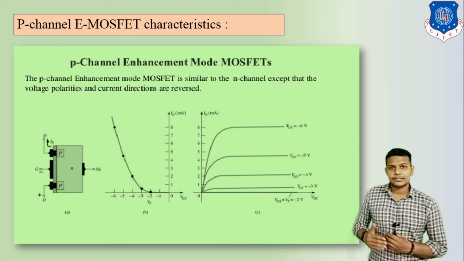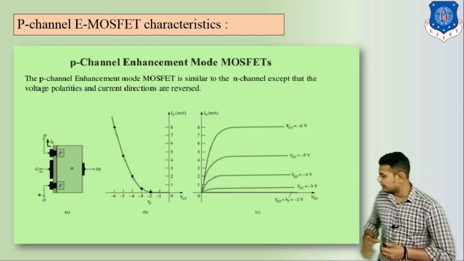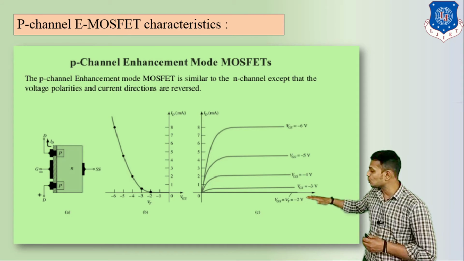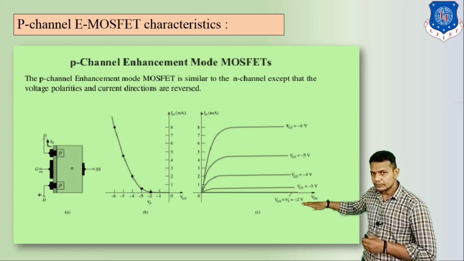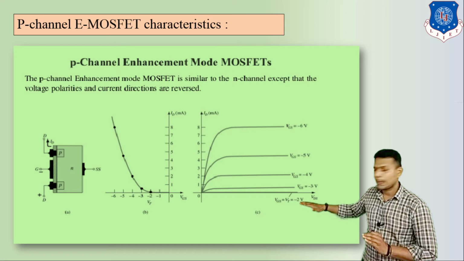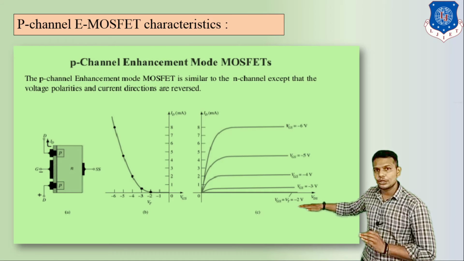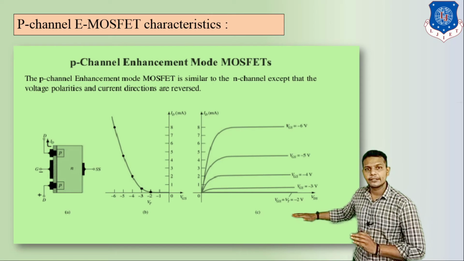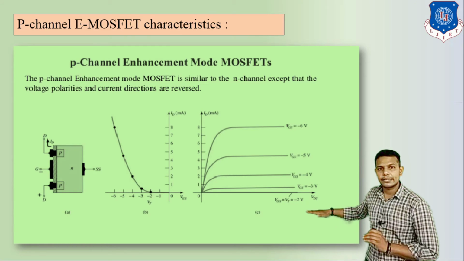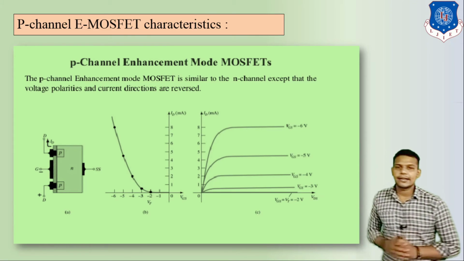Let us start with case number 1. If VGS is equal to 0, there is no flow of drain current, so it is close to the x-axis.